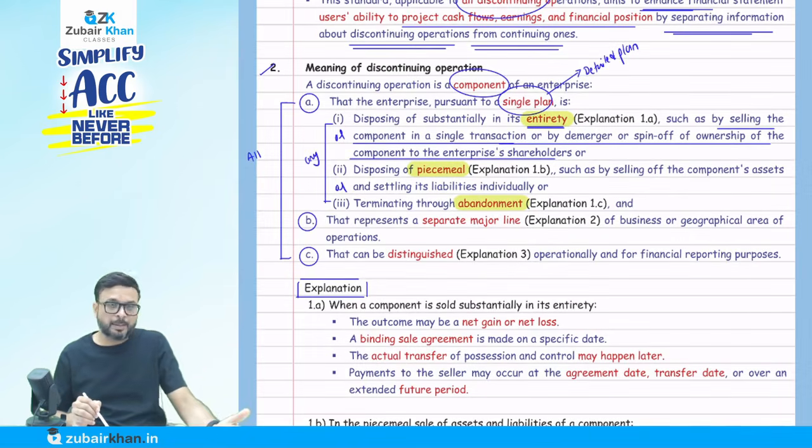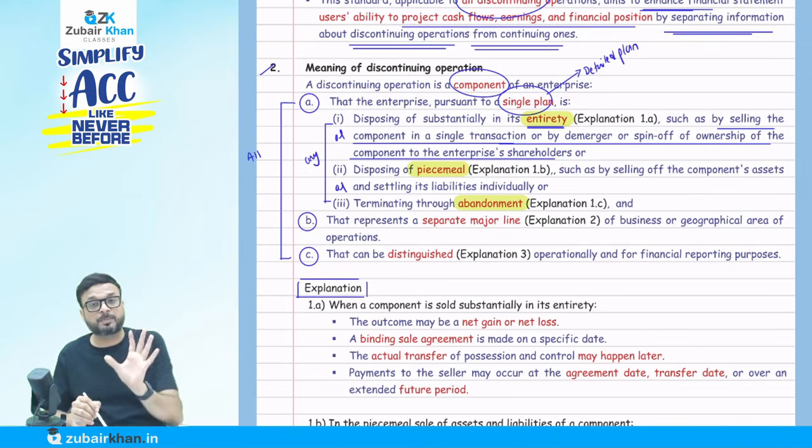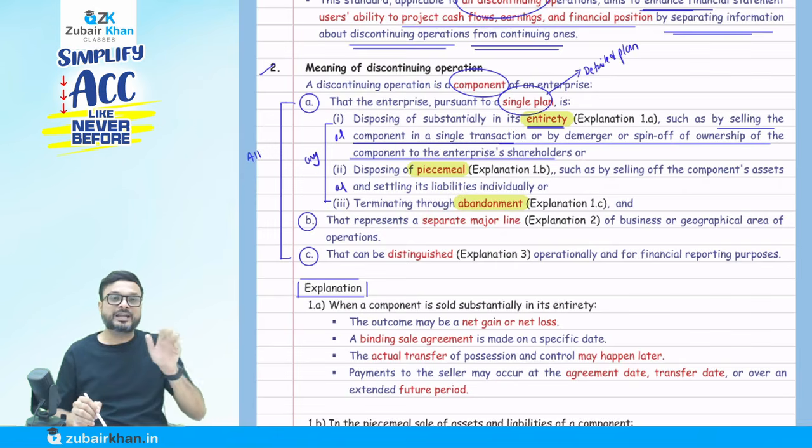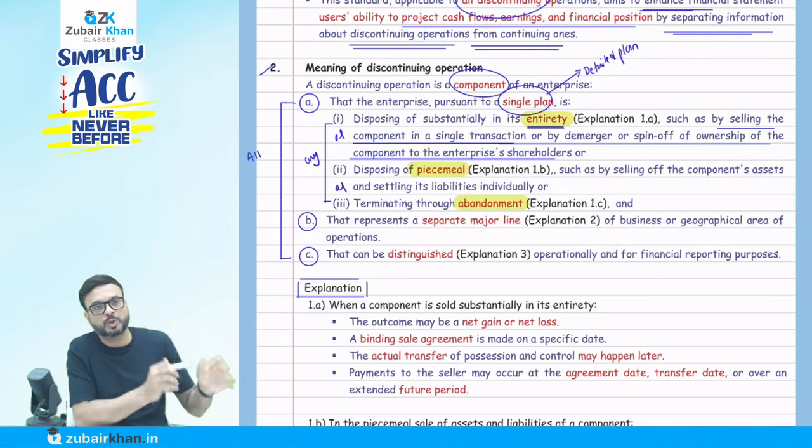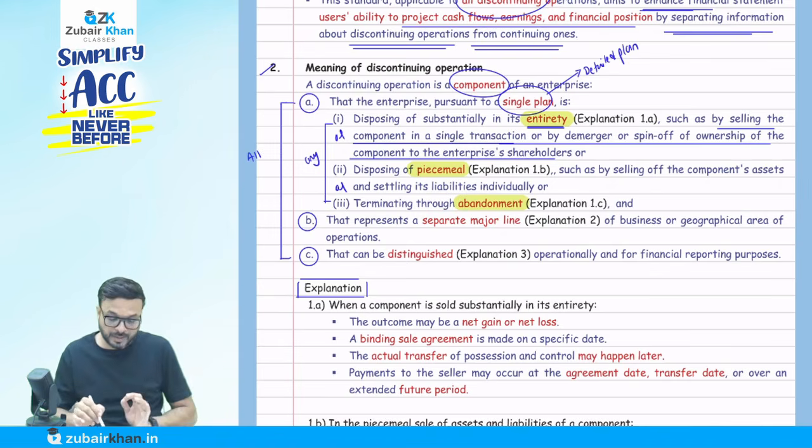For example, suppose we have an operation in XYZ country and a war is going on there. It is not possible to find a customer for that complete operation, and it is not possible to go there and individually sell the assets and settle the liabilities. We just close it down. That is terminating through abandonment.